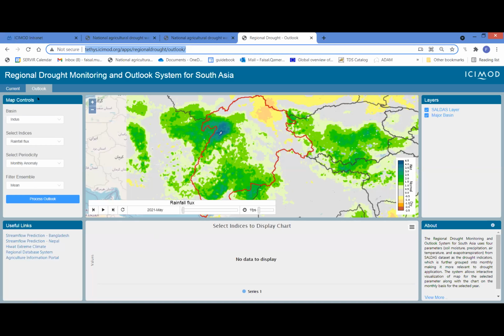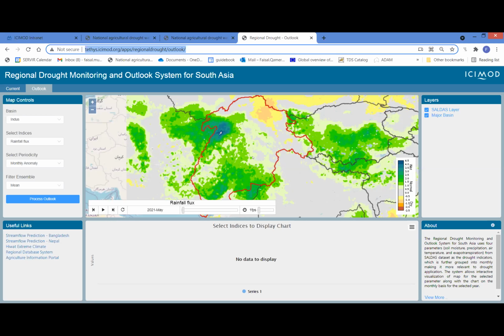This particular system is mainly developed to look at the seasonal outlook from 1 month to practically 4 months across the basins.